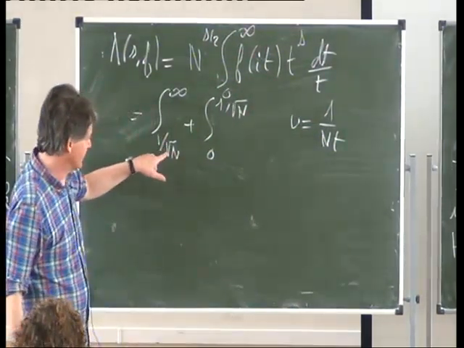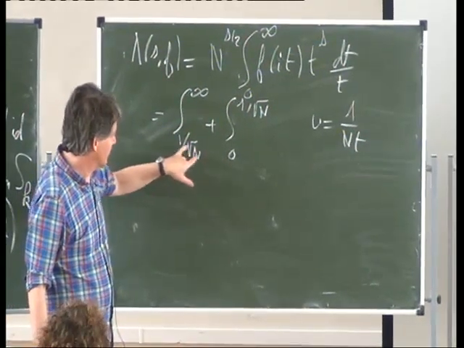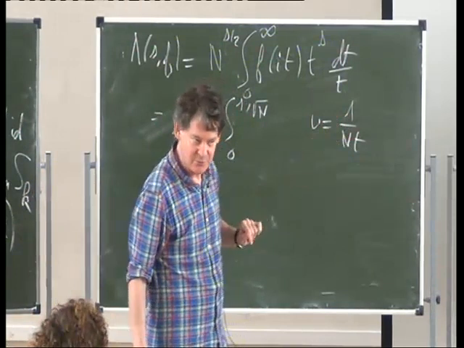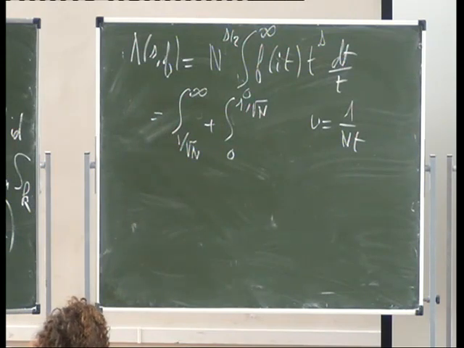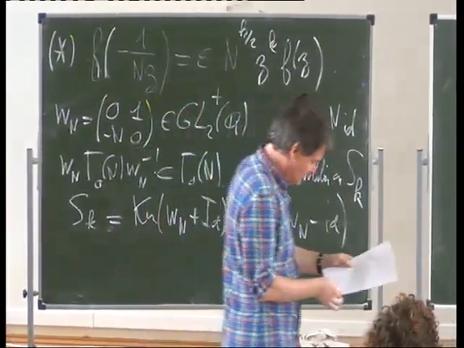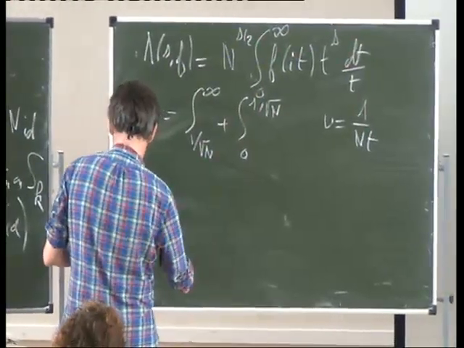This is exactly the fixed point. If I plug in t equals 1 over square root of n, I get again 1 over square root of n. And then you will use this functional equation, and perhaps I'll write straight away the end result.